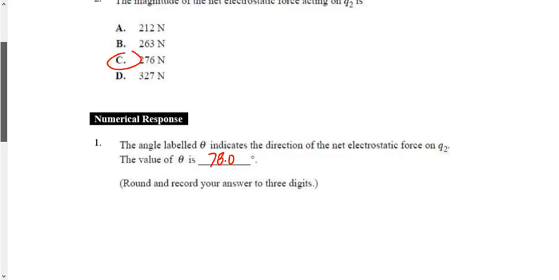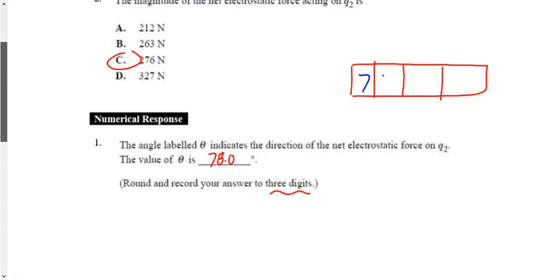So it is 78.0. We want to record our answer to 3 digits, so we need not just 78, but 78.0. Don't drop the decimal point.